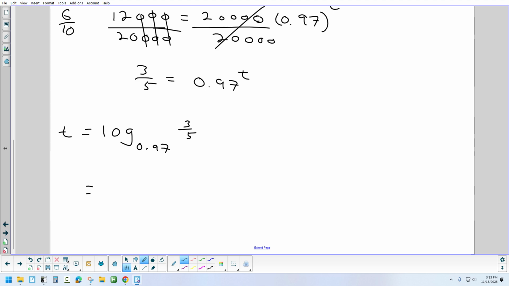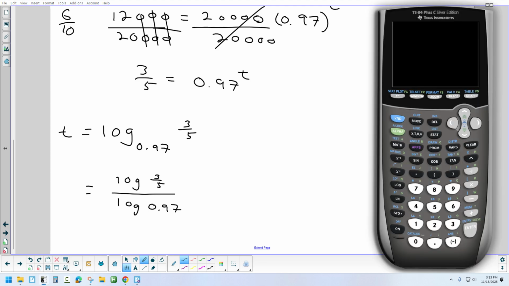Now we do. How do we type that into the calculator? It would be log of the argument, 3/5, divided by the log of the base, 0.97. Well, that's in the bottom, so that's going to go in the bottom. Then it's the 3/5. So the log of 3/5 divided by log 0.97.